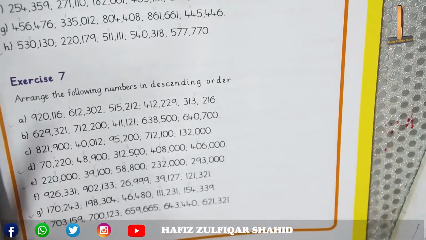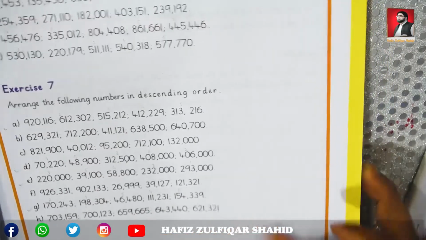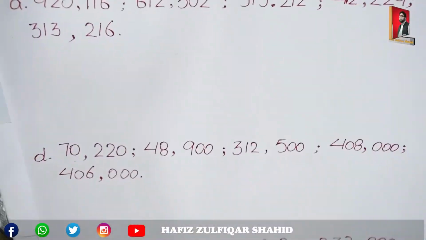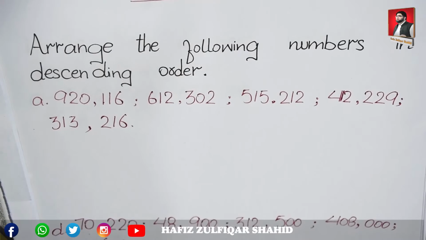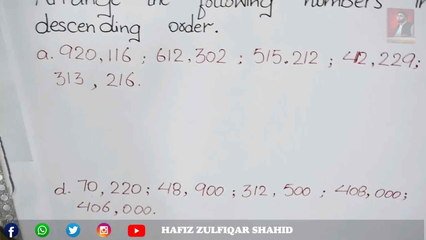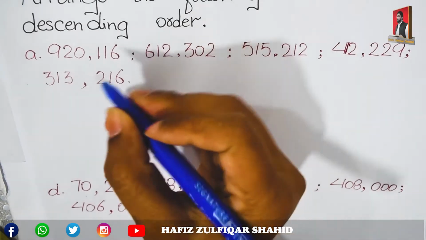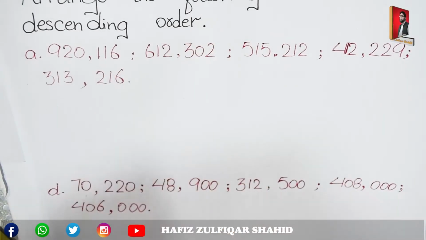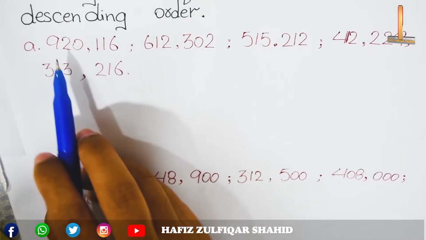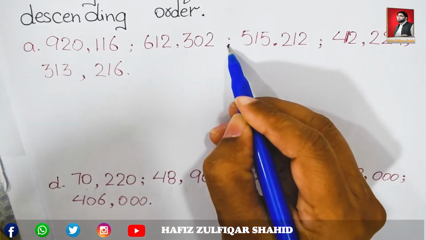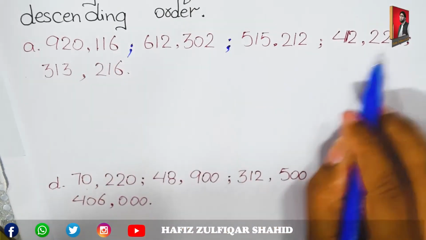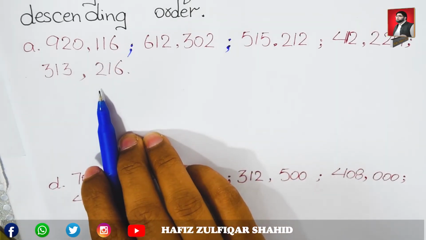Let's practice this exercise in notebooks. Students, solve this exercise in your notebook according to the method I am going to explain to you. See, we have some numbers here, 5 values to compare.